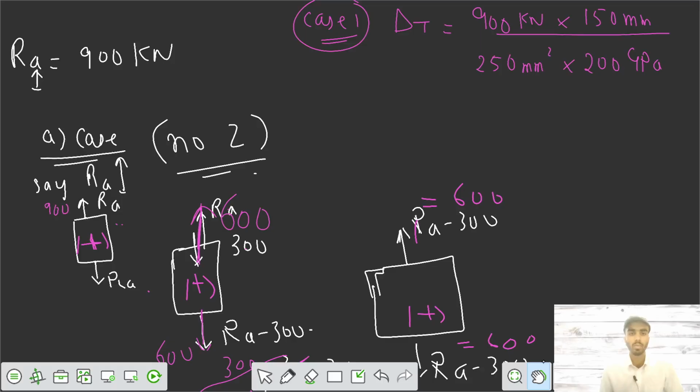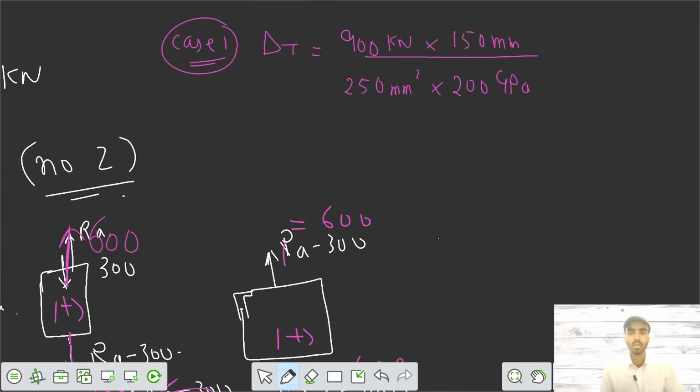Next one is your net 600, and the same length is also there for this part, 600 into L by A E. And in the third part, your area is different.